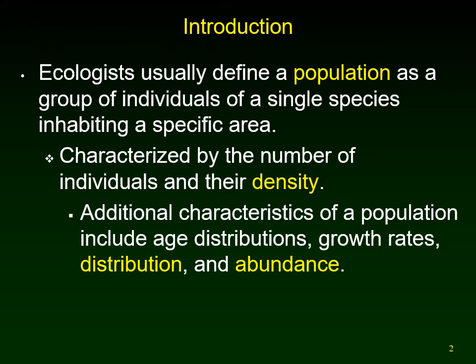In ecology, population density is the number of individuals per unit area, as opposed to in chemistry, where density is weight per volume. So it's a different definition. Populations, sometimes you talk about the age distributions, the growth rates, as well as the distribution and abundance. And so we have 3 chapters here that will go over all of these aspects of looking at population.